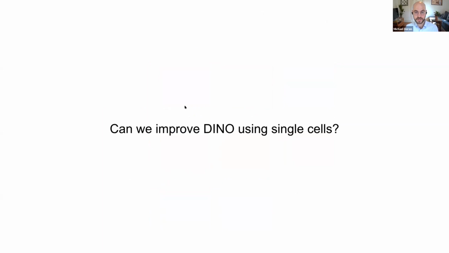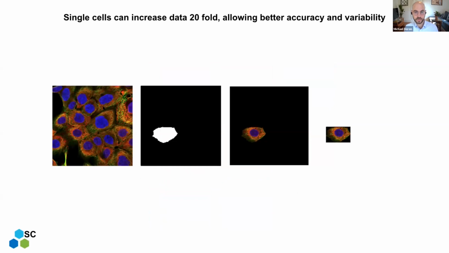Next, and this I think is the most exciting part, we try to see whether we can improve Dino by taking these full field of view images and dividing them into single cells. So we use a standard segmentation method, Cellpose, and we took these particular cells, and instead of having only these full images, we multiplied our data about 20-fold, because there are about 20 cells on average in each image, sorry.